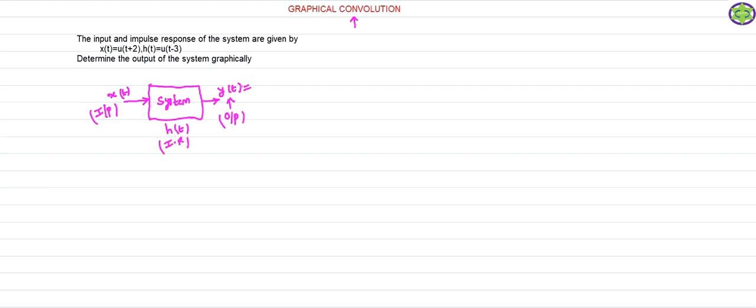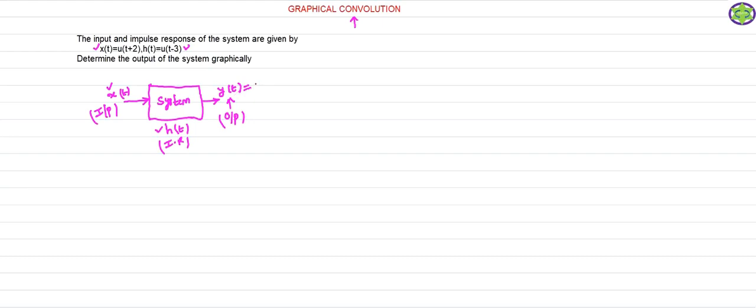So the convolution main objective is to find out the response of the system. So for the given input and the impulse response of the system, in the problem, the input x of t is given, and impulse response h of t is also given. So we have to find out the response of the system, which is y of t. Now how can we find out the response of the system?